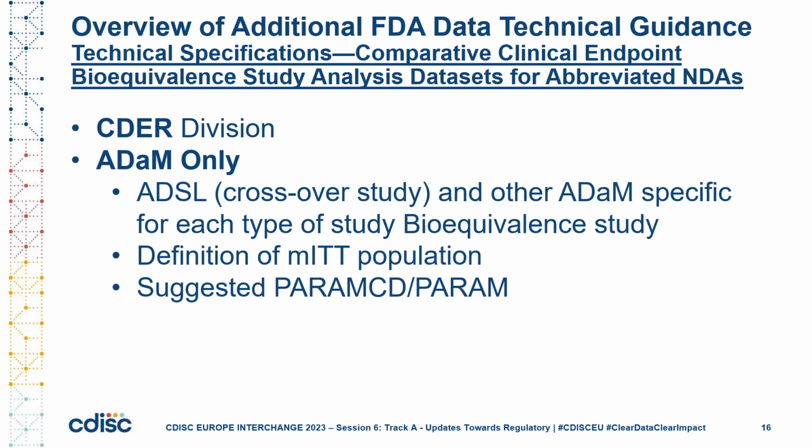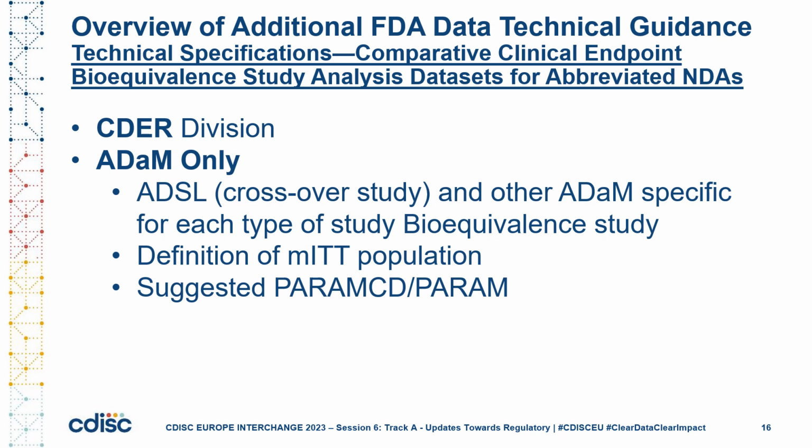And the bioequivalence guidance, again, only covers ADaM, and it discusses ADSL and a number of ADaM datasets for three types of bioequivalence trials, each one with its own type of study endpoint.